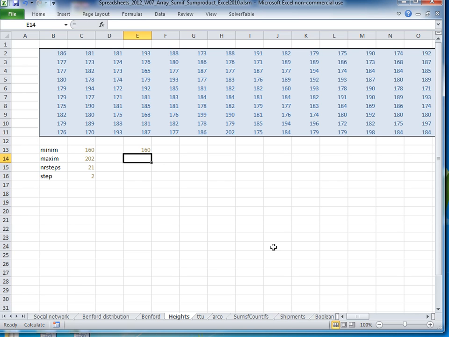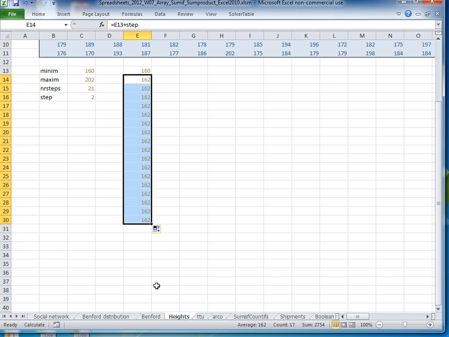And now the second formula, which is also something we're very familiar with, is to write equals previous plus step, and as we've done before a few times, we can now copy the second formula until we reach 202.